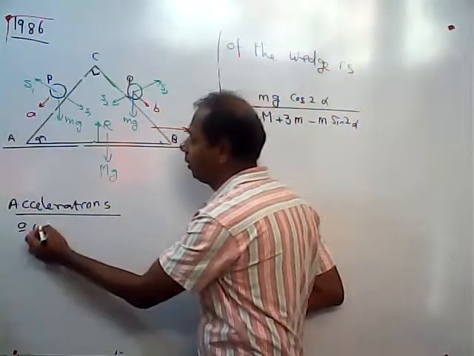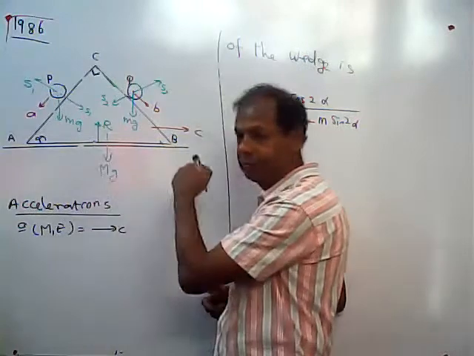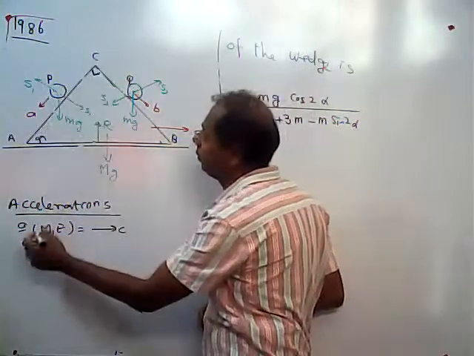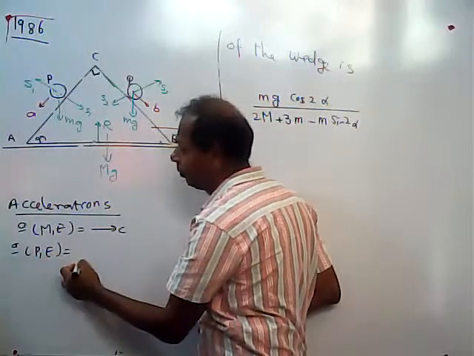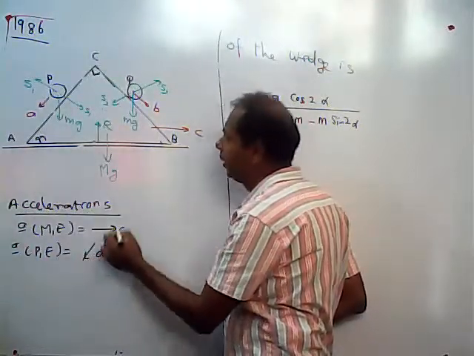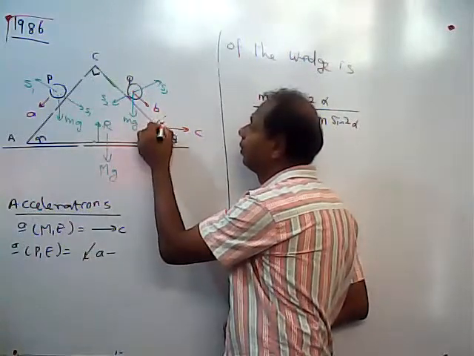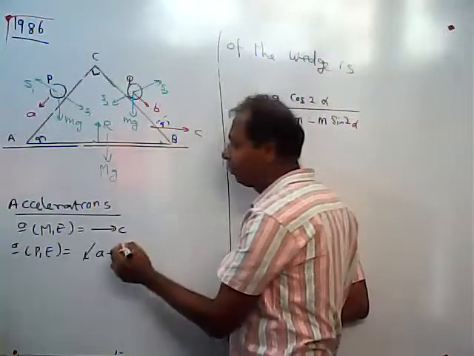The acceleration of P relative to the frame: downwards along the plane, it will be A minus C cos alpha, as we have seen before.